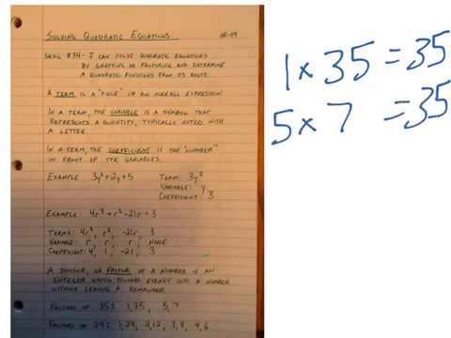So our four integers are 1, 35, 5, and 7. Our four factors, and they are all integers. Finally, the factors of 24: 1 and 24, 2 and 12, 3 and 8, 4 and 6. As you can see, I like to list the factors as pairs.